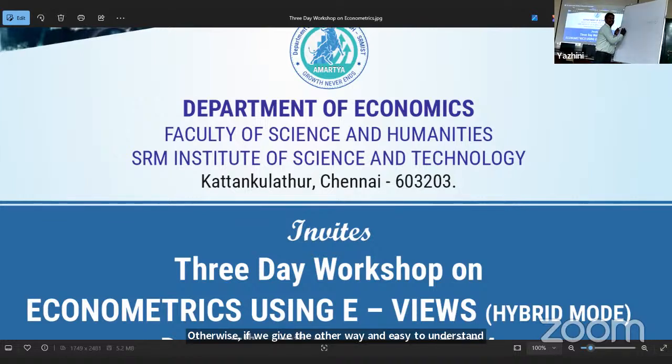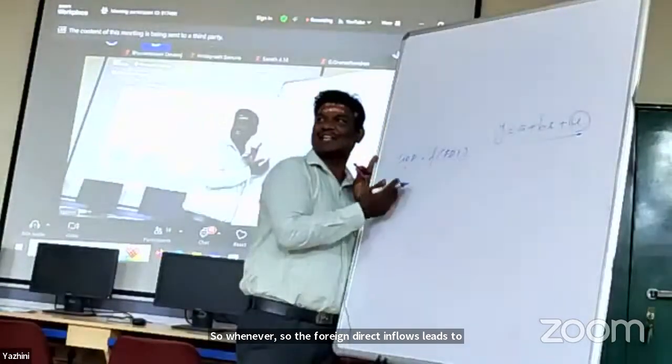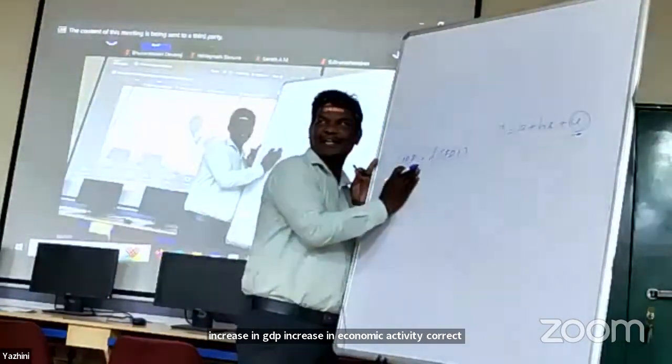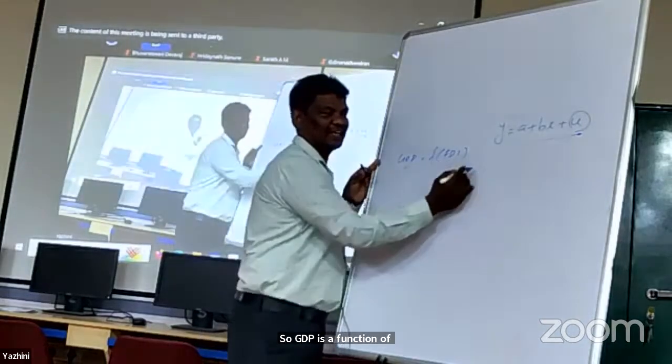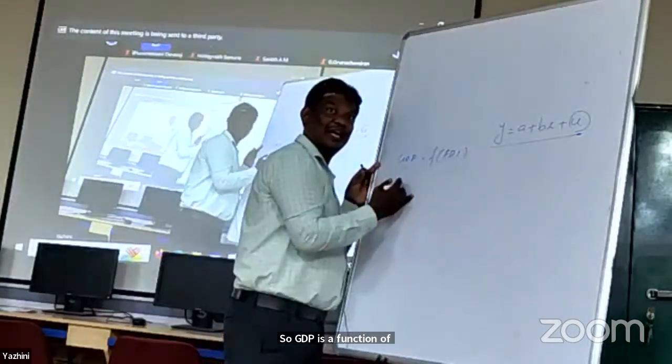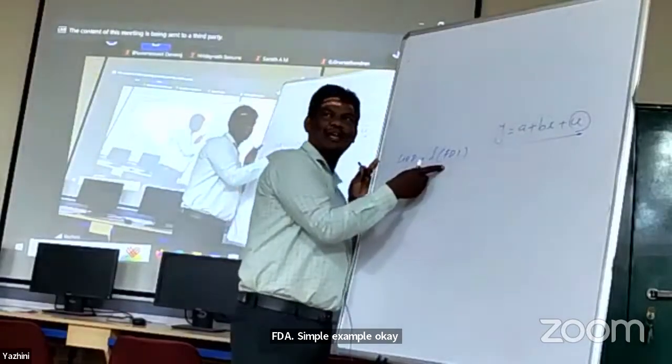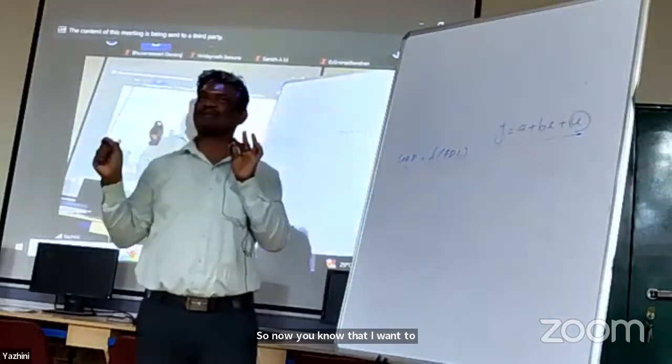GDP depends on the FDI inflows. What is FDI? Foreign direct investment inflows. So foreign direct investment inflows lead to an increase in GDP, an increase in economic activity. Correct? So GDP is a function of FDI. Simple example.